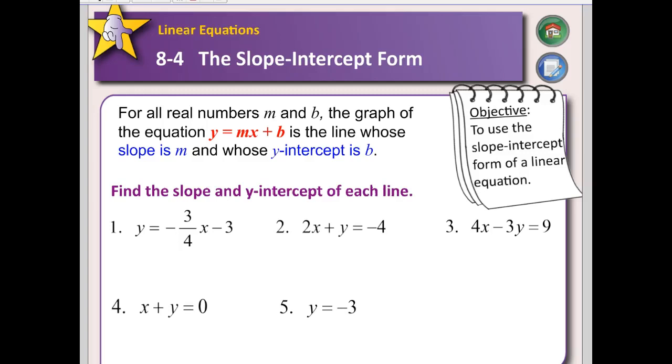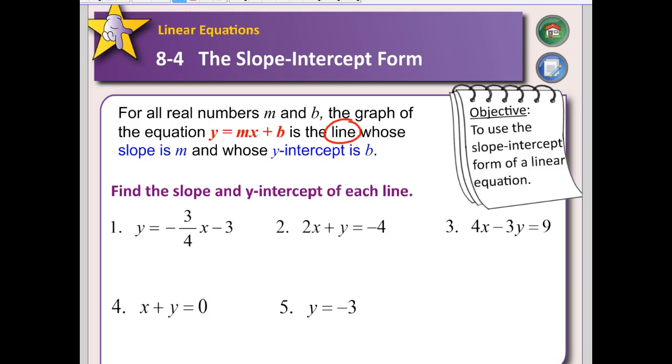All right, class, today we're going to spend a little bit more time dealing with our second linear equation, which is the slope-intercept form. So if you look here, it says for all real numbers m and b, the graph of the equation y equals mx plus b is the line whose slope is m and whose y-intercept is b.